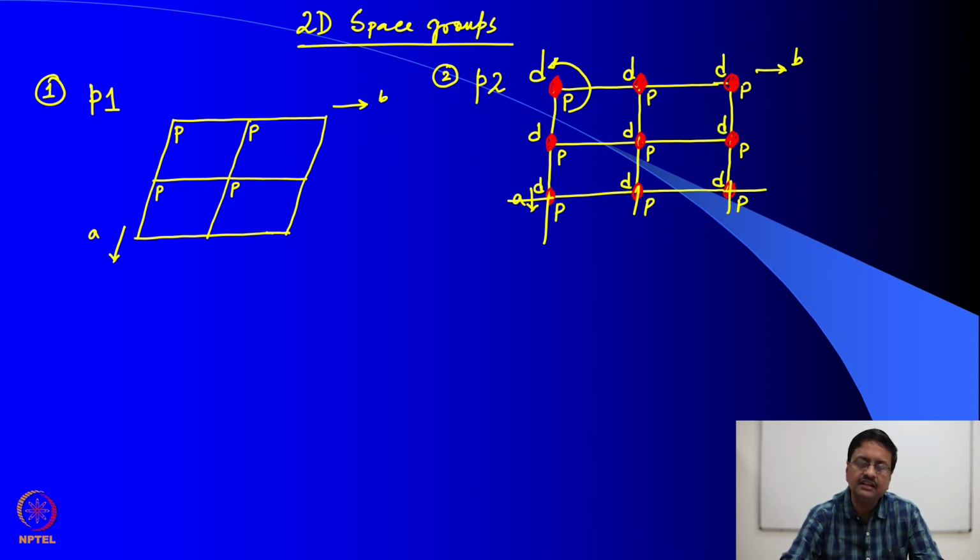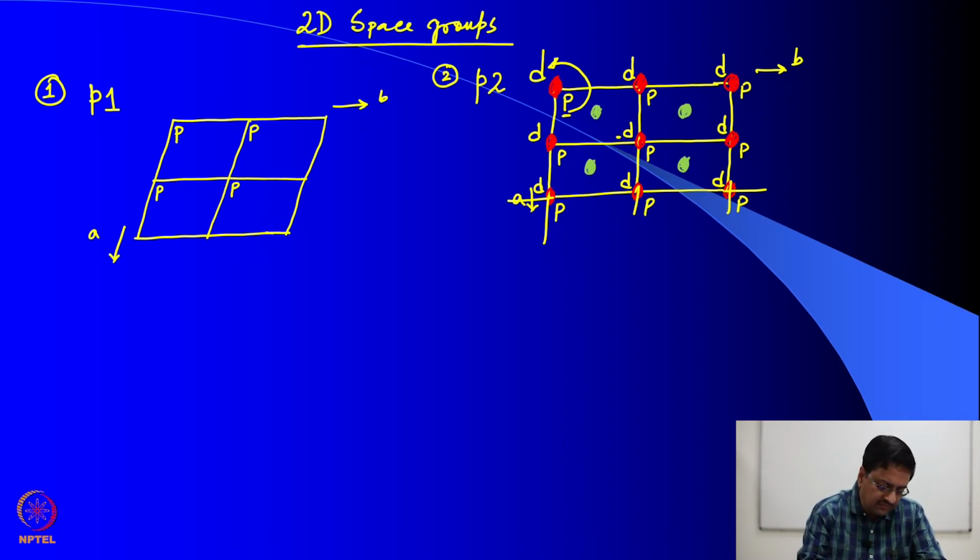So now what do we see? We see that the object here and the object there are also related by another twofold which has been generated at the center of the unit cell. So this is a representation of a 2D lattice P2.